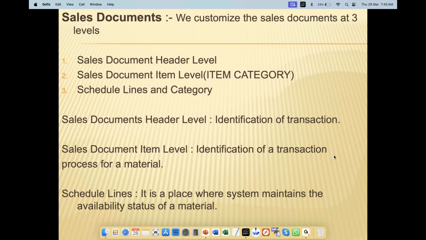And schedule lines is all about a point of place where you check the availability status of the product.